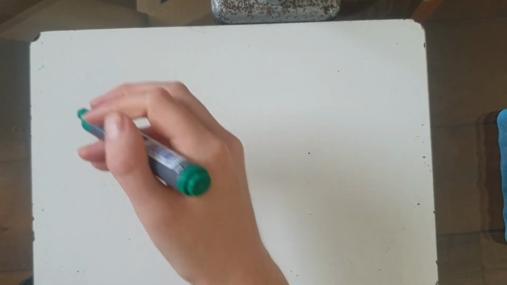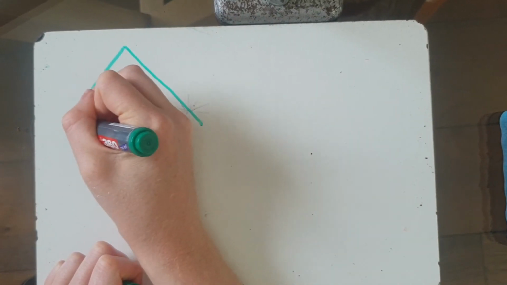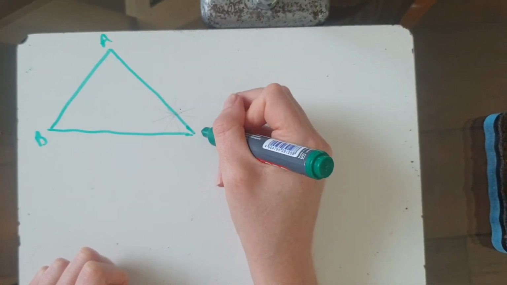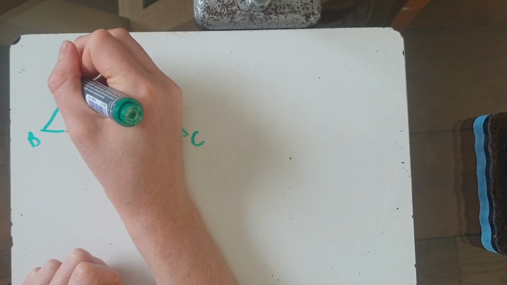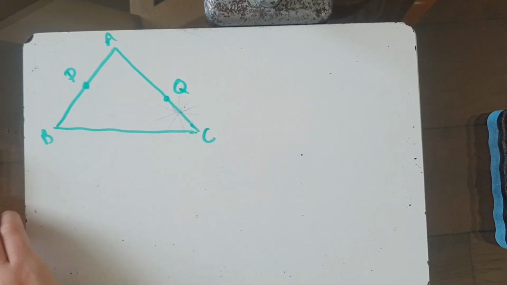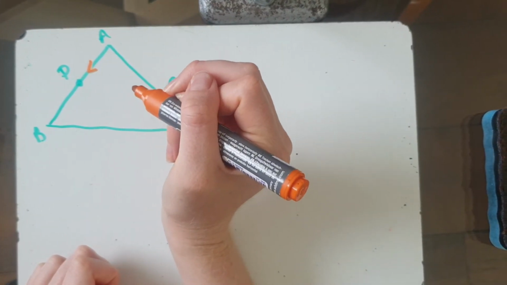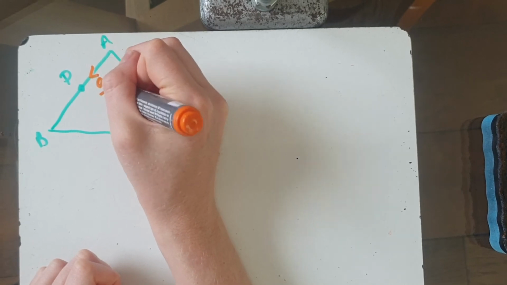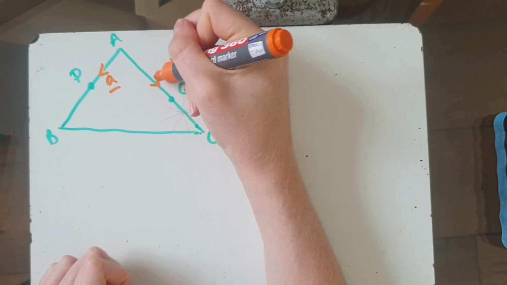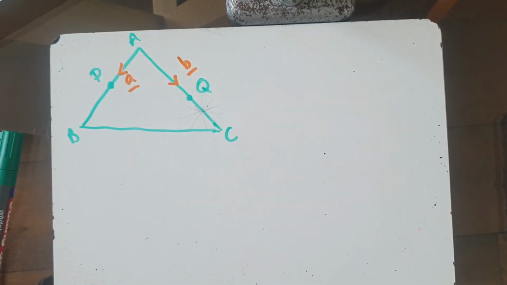So the diagram that we were working with, I'm going to draw that again here, was A, B, C. We've got a midpoint P and we've got another point Q. Now the question also said that AB, so we're moving in that direction, that's really important, is a. And it also said AC, again, direction, really important, is the vector b.